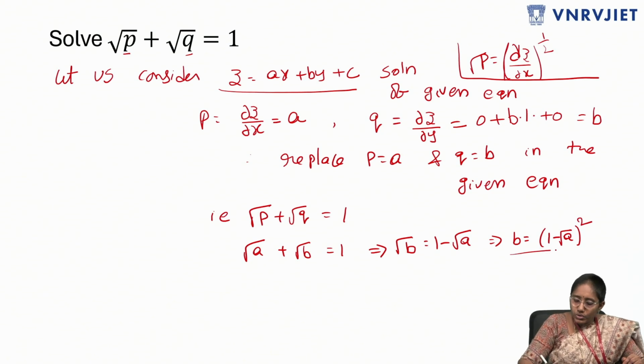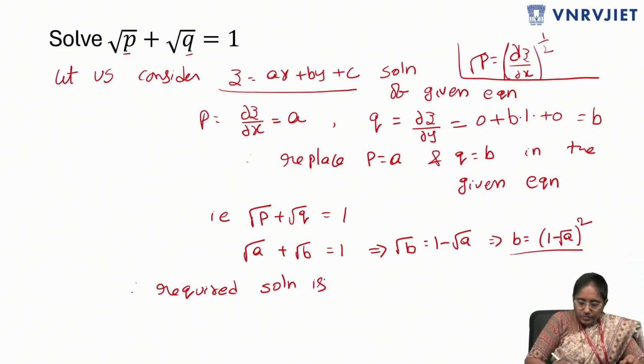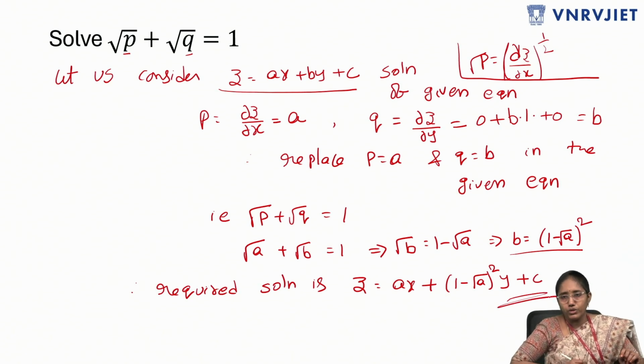Now substitute this b value in the solution which we considered. Therefore the required solution is z equals ax plus (1 minus root a) whole square into y plus c, which is our required solution.